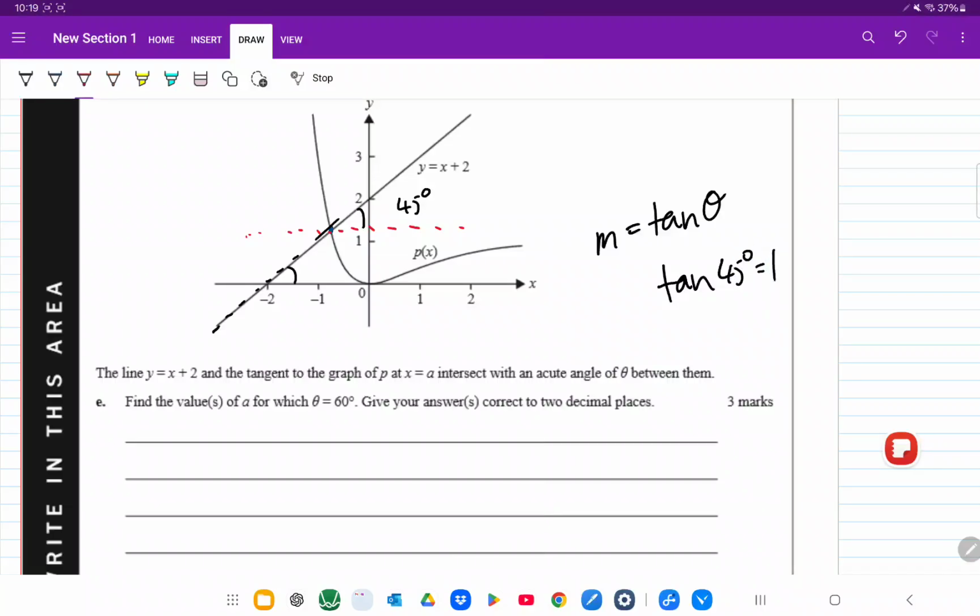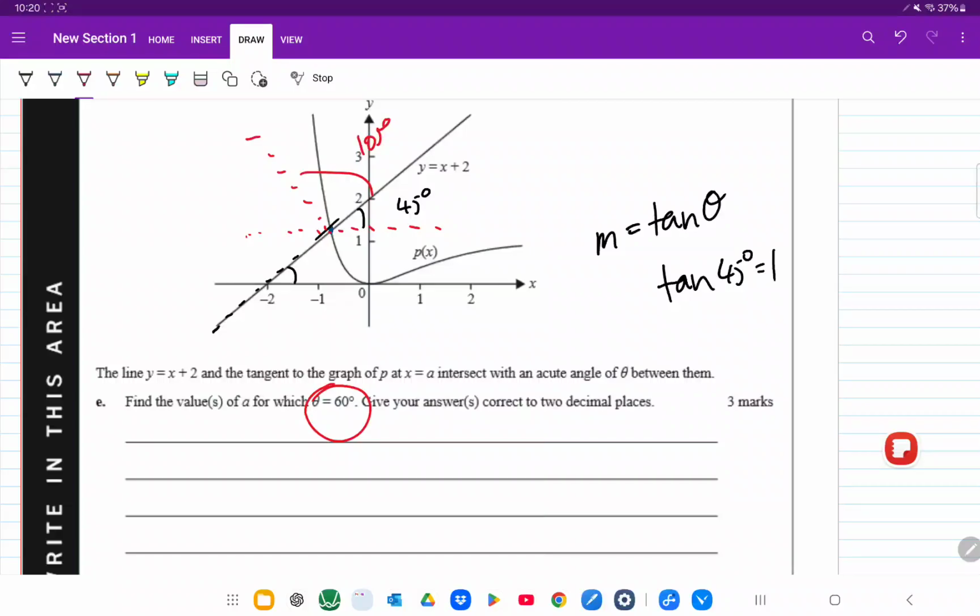So really, I want to work out what 60 degrees is at this point, and I know my tangent is going to be either going this way, or going this way. So I'm going to add 60 degrees to 45, which gives me 105 degrees.